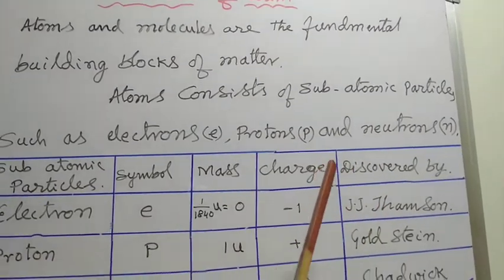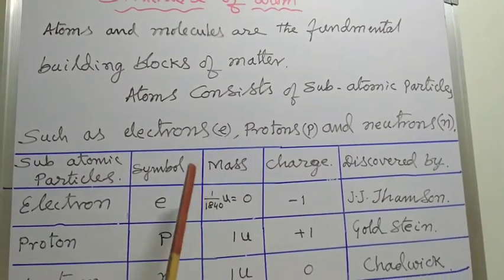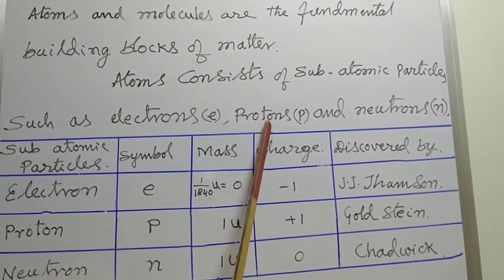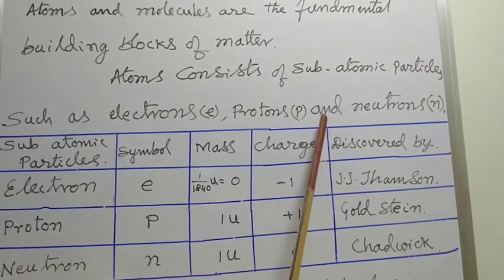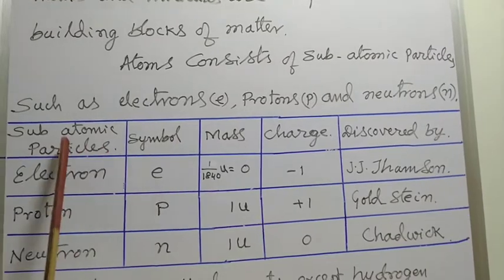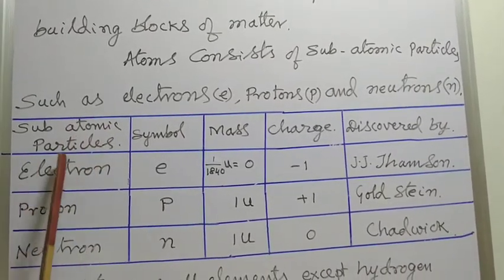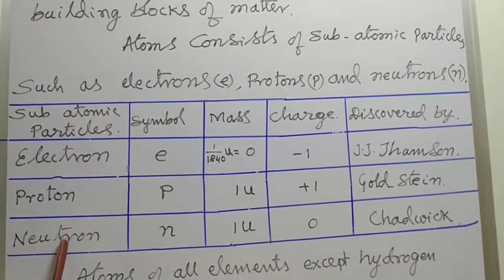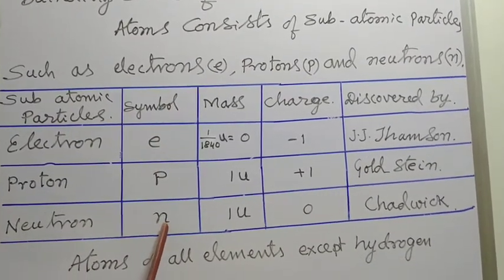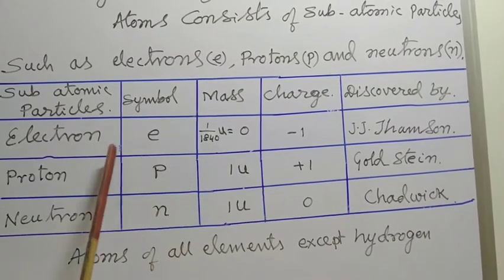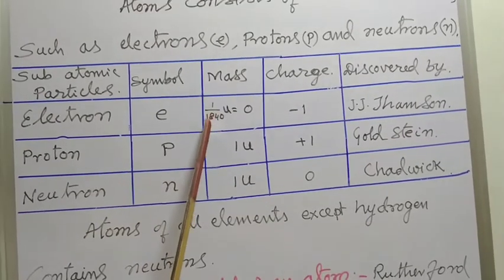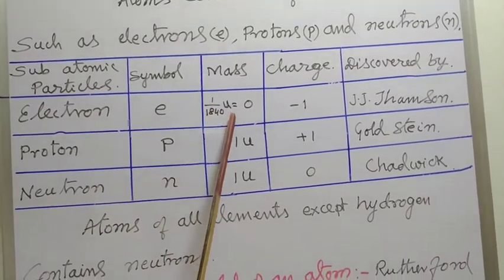Every atom consists of subatomic particles such as electrons, symbol E, protons, symbol P, and neutrons, symbol N. So, subatomic particles of an atom are electron, proton, neutron. Their symbols are E, P, and N. Mass: actually, very less mass for electron, that is 1 over 1840 units.